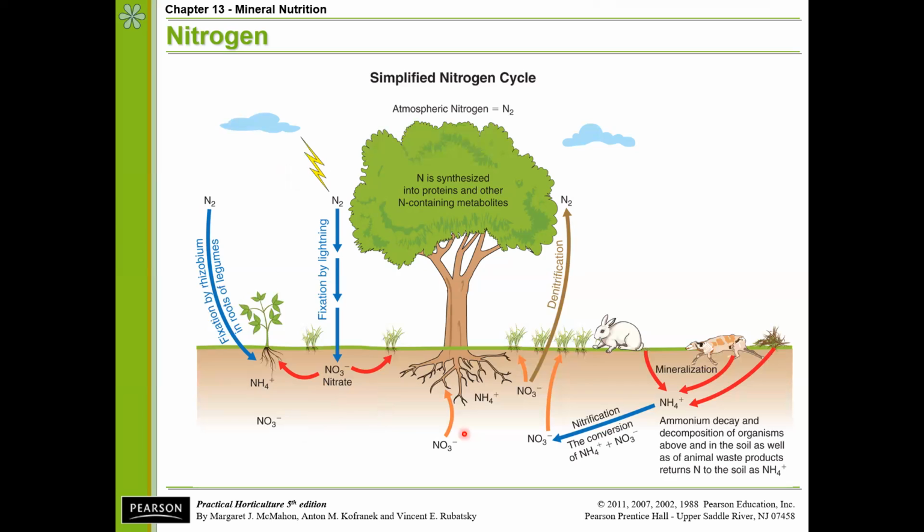We also have nitrite, which is a lesser form of nitrate. Different types of bacteria in the soil other than rhizobium are part of this process of nitrification and denitrification, where it's converting ammonium to nitrite to nitrate in many cases.